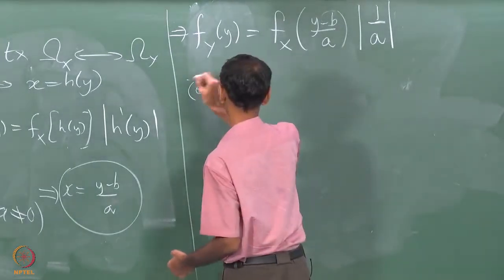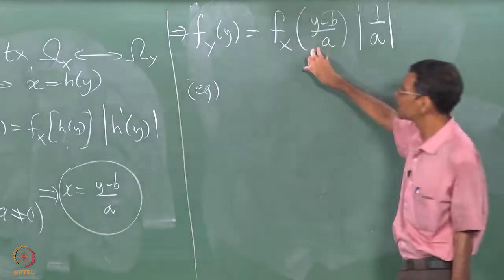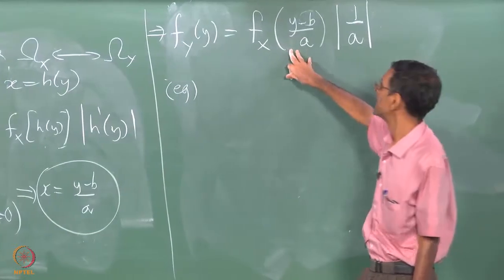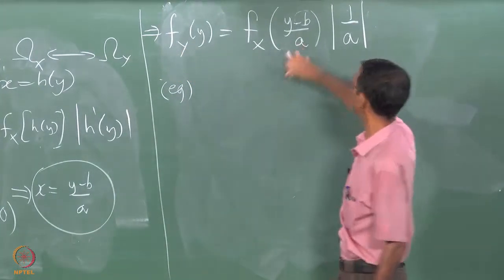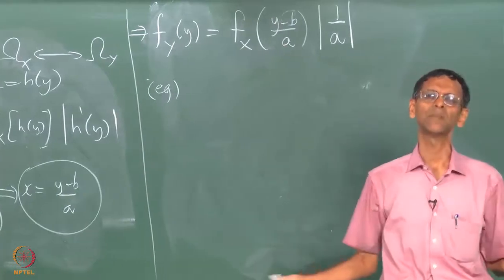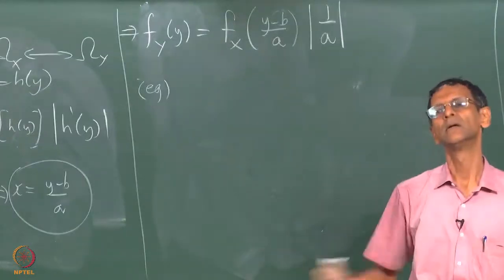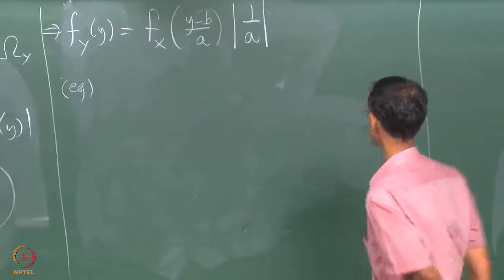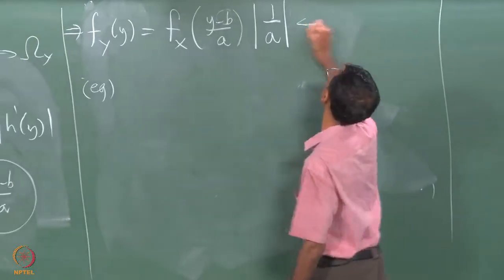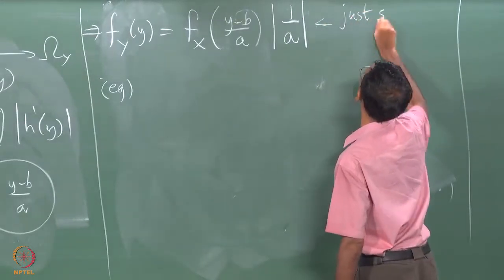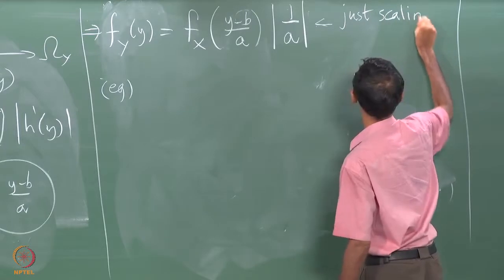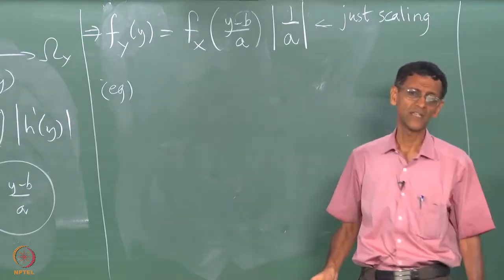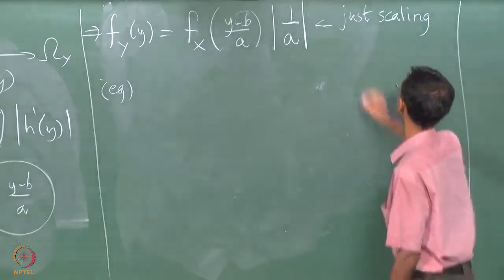Before I get to that, this is a shape preserving transformation. What do I mean by that? What is the shape of Fy compared to the shape of Fx? It's exactly the same except for scaling and shifting. So this is just scaling and shifting. There is no other change to the shape as such.